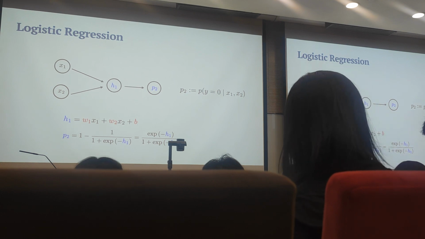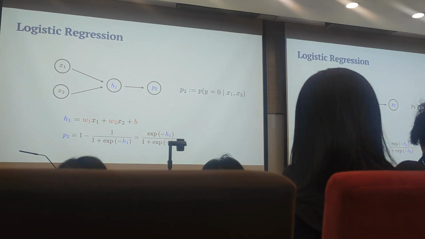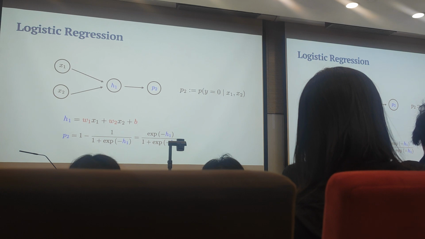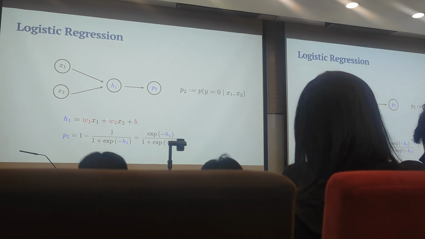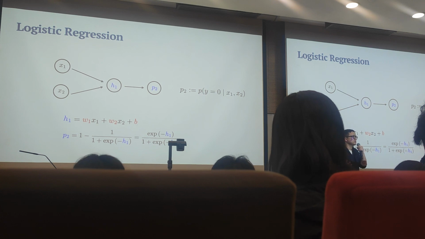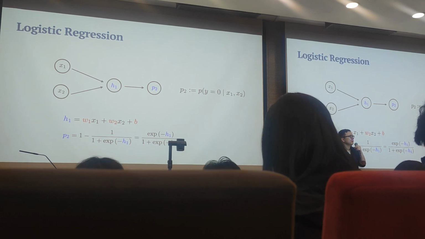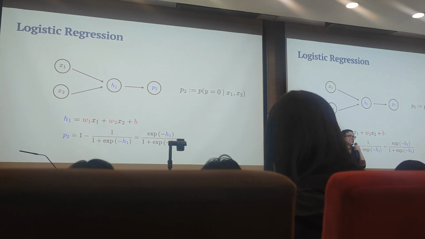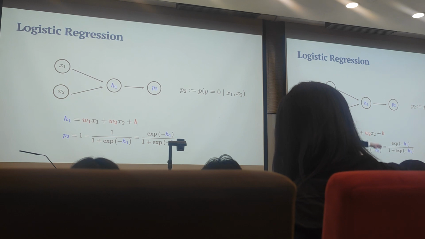So for example, if you have only a linear function, then it's only a bunch of functions that you are searching in, right? But if you have a neural network, then you have many different parameters. Then what happens? You can have a whole lot of different functions to search from, right? So this space is quite large.